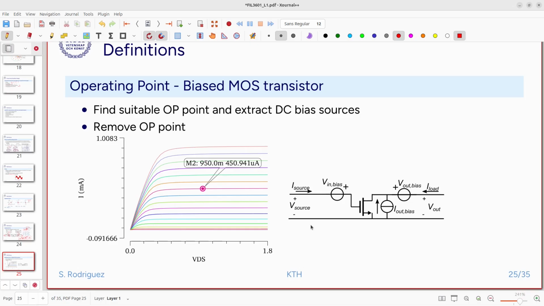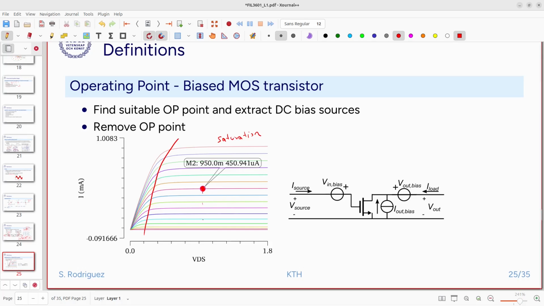But typically what we will be doing is checking one point in which we want to work, making sure that this point is in a region of operation of the transistor that works as an amplifier, and that region we're going to call the saturation region. So in this region, the transistor works as a voltage controlled current source, and we will want to put the transistor somewhere here.